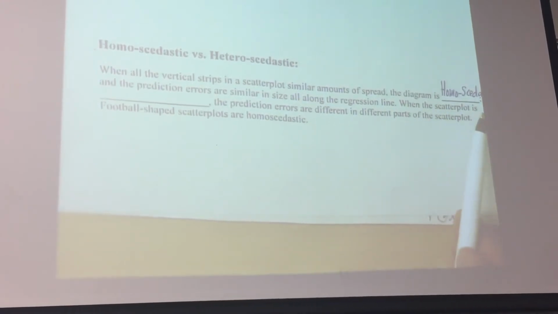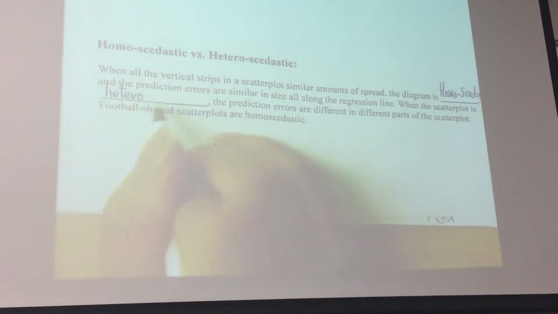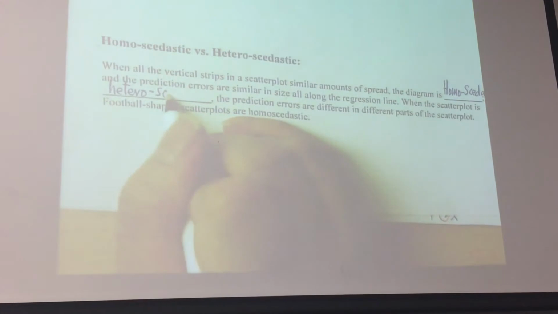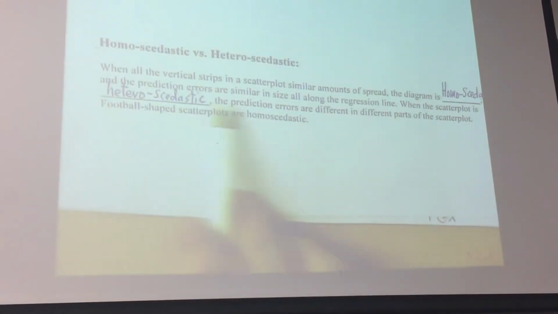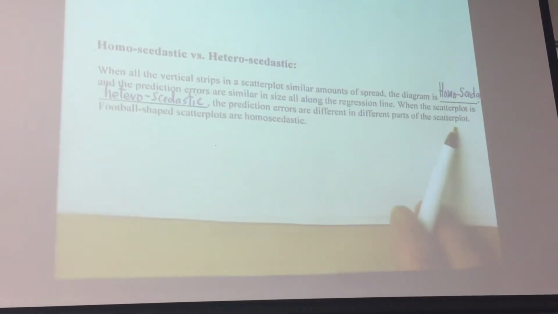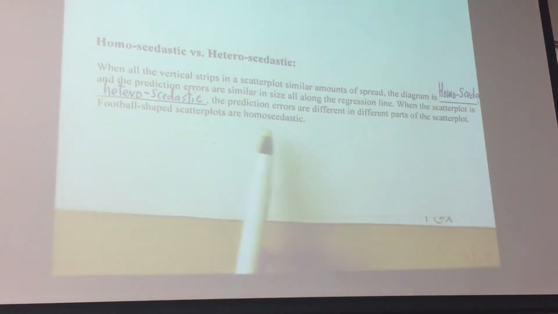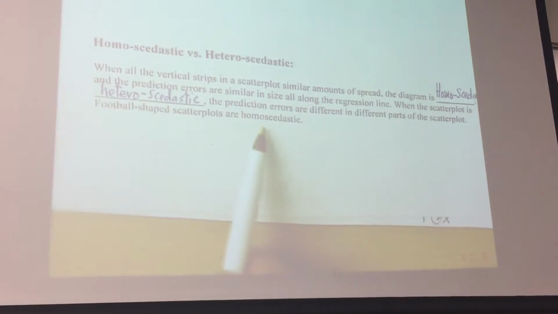When the scatter plot is heteroscedastic, the prediction errors are different in different parts of the scatter plot. Football-shaped scatter plots are homoscedastic. That's why we keep saying football shape is good for prediction purposes. Okay?